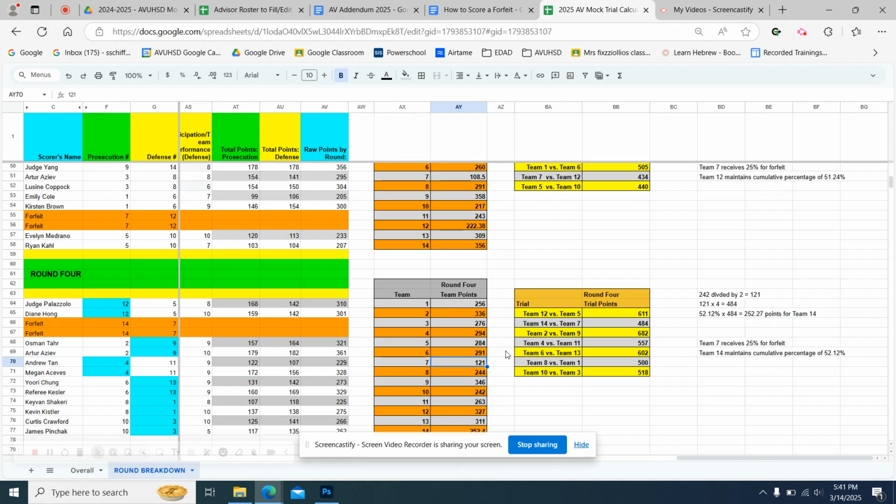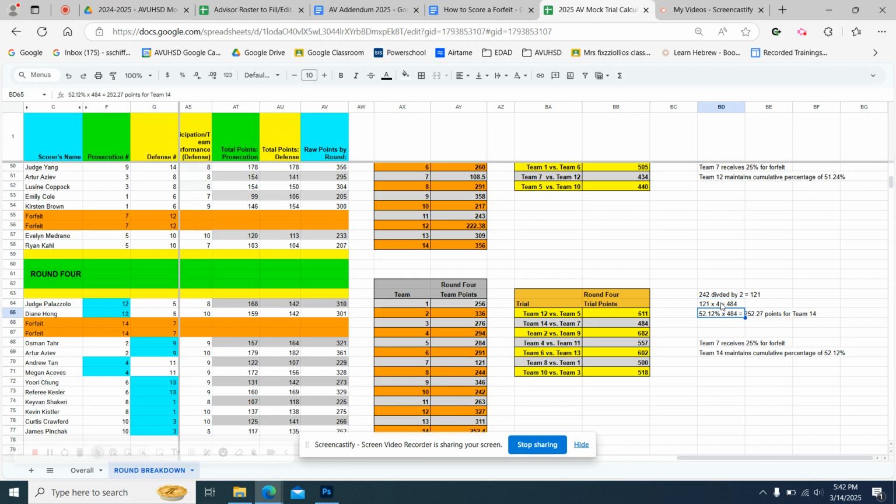And because that 121 points is 25%, we then multiply 121 by 4 and get 484. So 484 is the total number of trial points in that round.